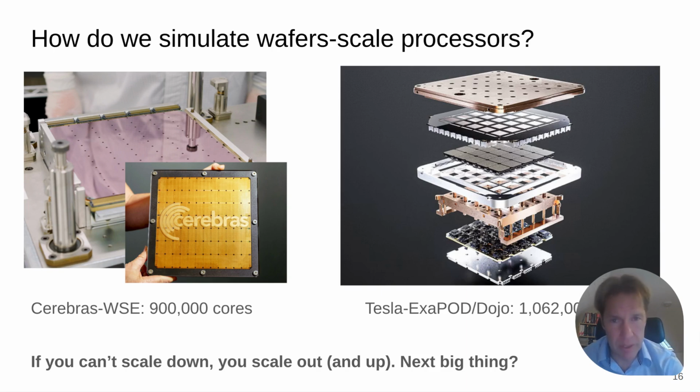They can't even fit on the most expensive emulation machines in the world today as a single unit. We're talking about millions of cores, or at least 1 million cores from Cerebras and Tesla. Personally, I think this is going to be an area that's going to see a lot of innovation in the next few years. Scaling is winding down, and if you can't scale down, well, you scale out and up, right? That's the next Moore's law, and that's a prediction we're making here.